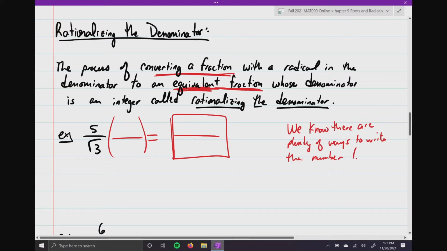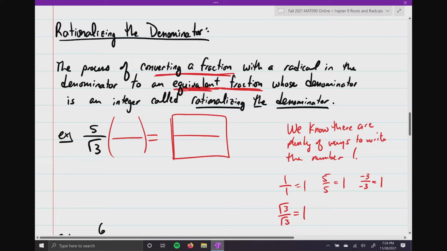There's a bunch of ways. For example, we can write 1 over 1. Well, that equals 1. If we wanted to, we could write 5 over 5. That equals 1. We could also write -3 over -3. That equals 1. In fact, the square root of 3 over the square root of 3 is still the number 1.